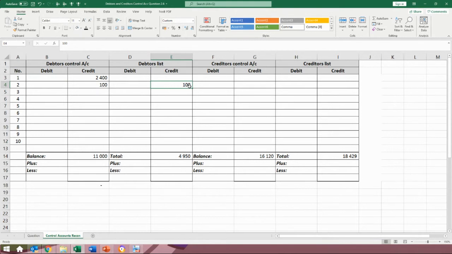Okay, so let's start with the first question. When we give discount to a debtor, is that amount inclusive of VAT or exclusive of VAT? Okay, so let me repeat the question.